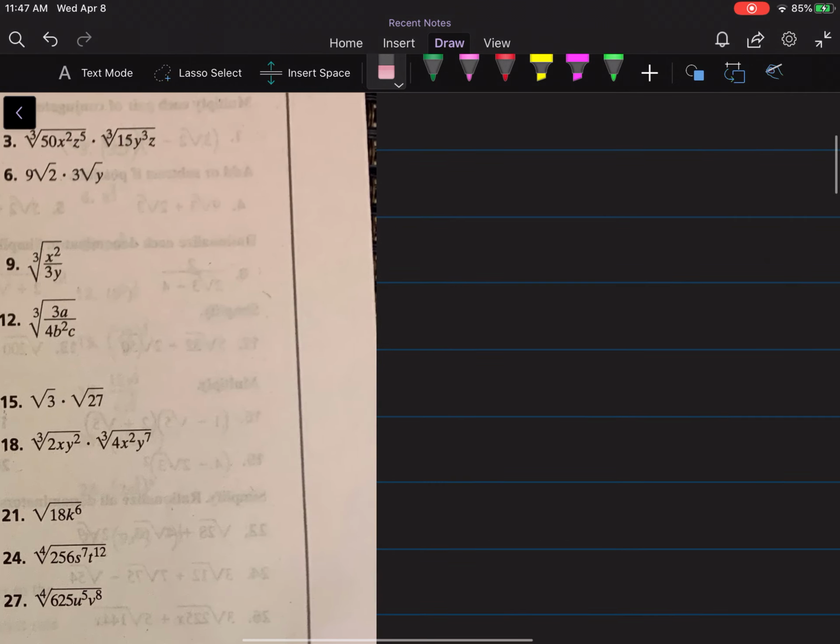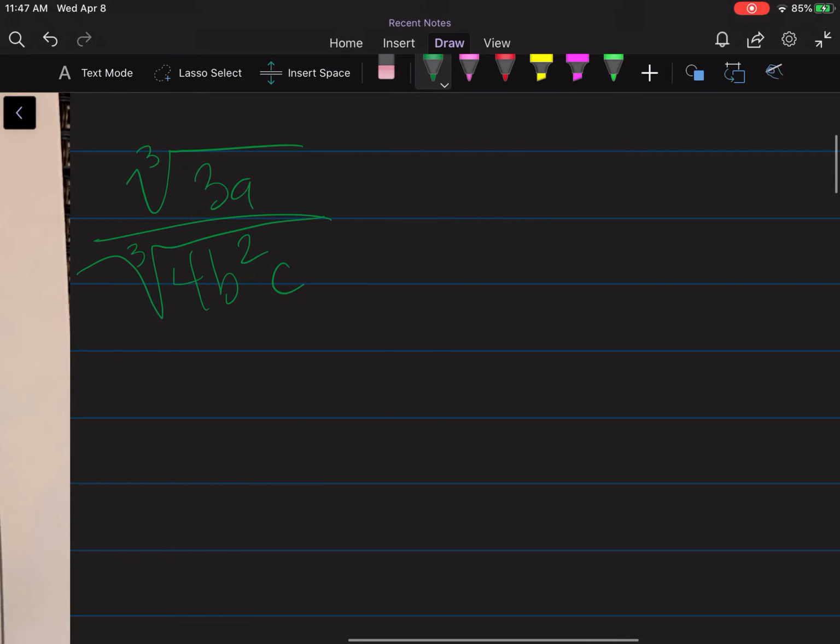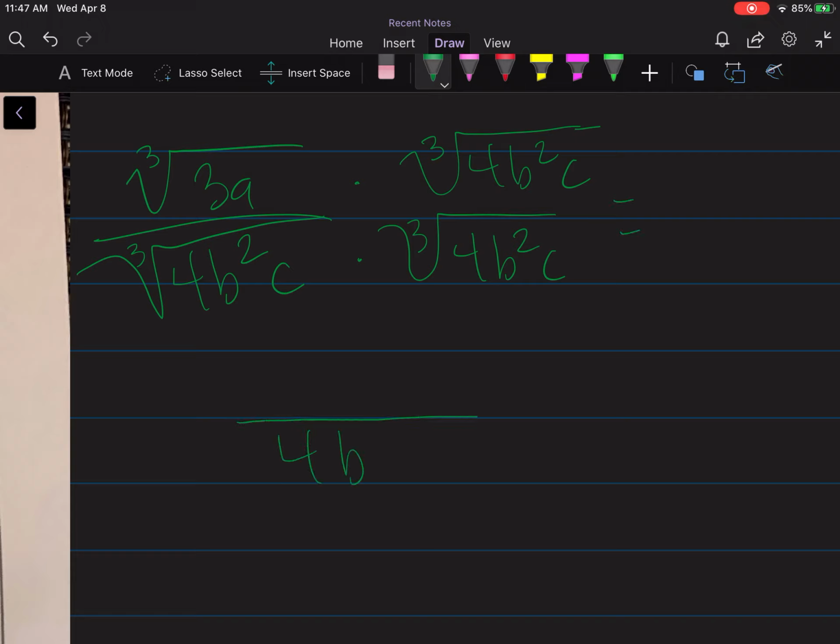Now we're on 12. We have the cube root of 3a over the cube root of 4b squared c. So we're going to multiply them both, bottom and top, by the cube root of 4b squared c. Remember, at the bottom, we're just going to end up with 4b squared c.